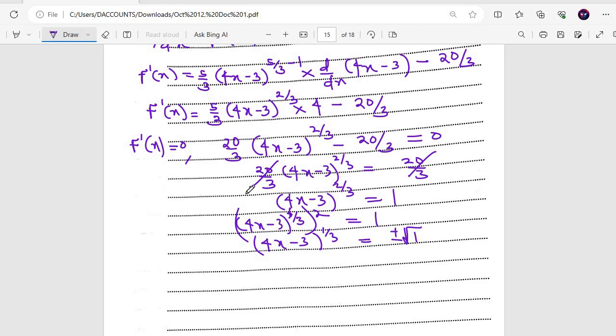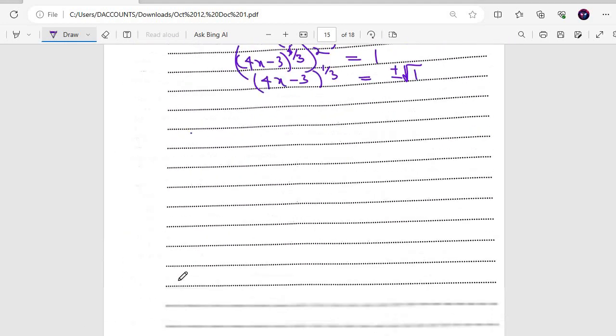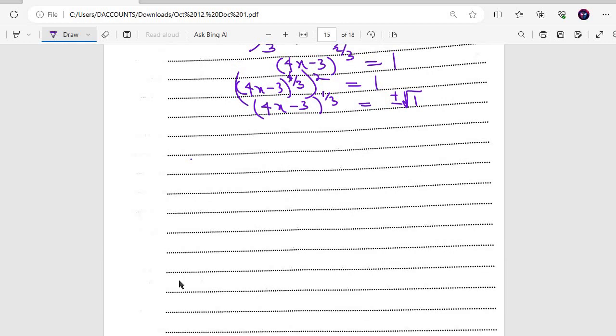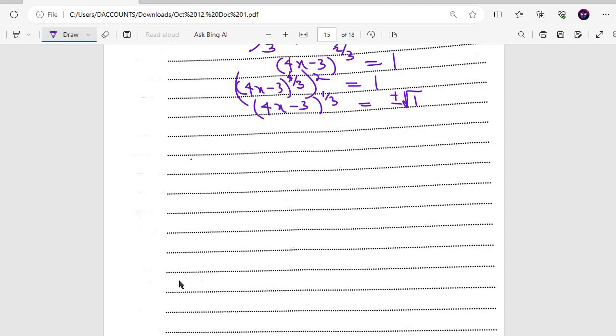From there we have (4x - 3) raised to the power 1 over 3 equal to plus or minus 1, that's 1 or minus 1, which is the same thing as 4x - 3 equals 1 cubed or minus 1 cubed.